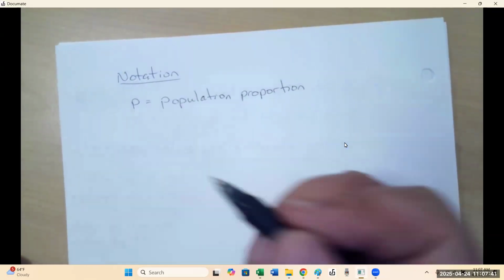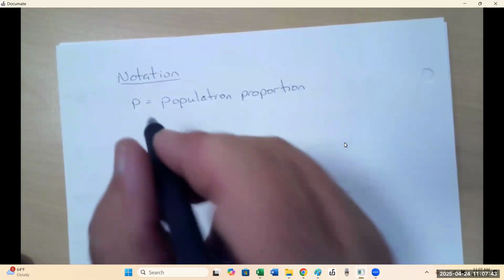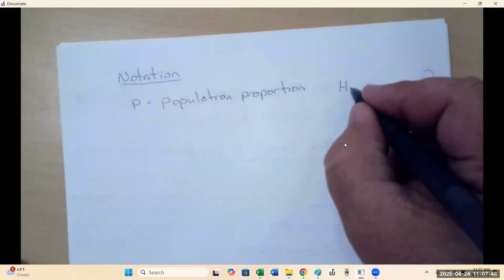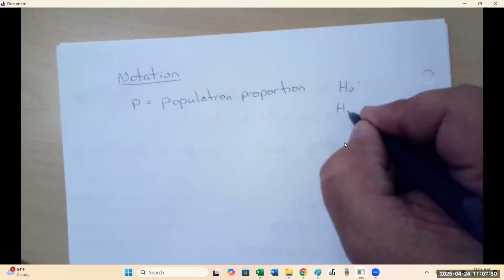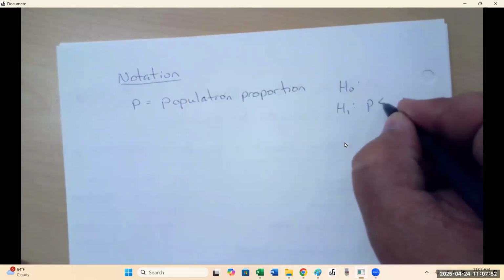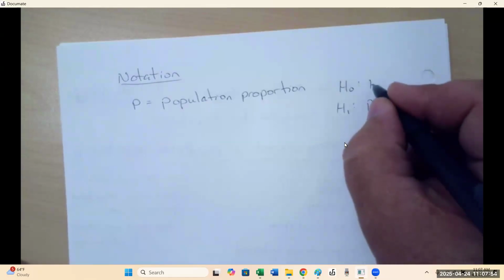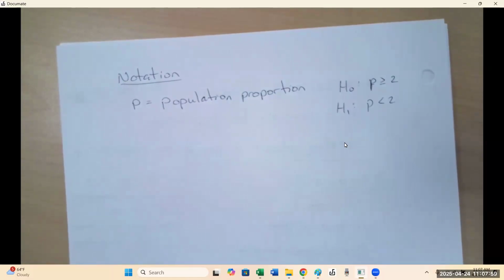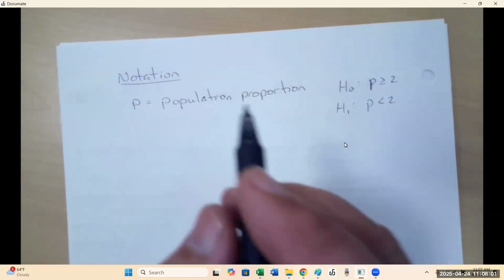And when we do hypothesis testing, we're going to see that's what we're going to be using. Whenever we do a hypothesis test, the hypothesis will be P is less than some value, or P is greater than or equal to some value. All right, so in this case, that's what we'll be using.